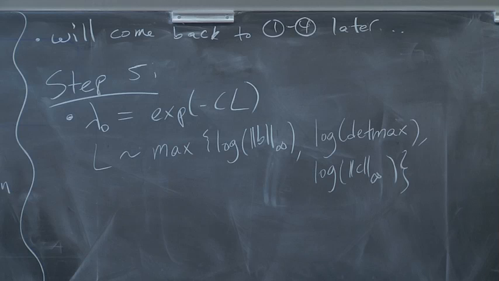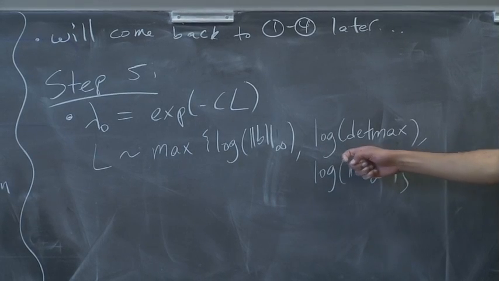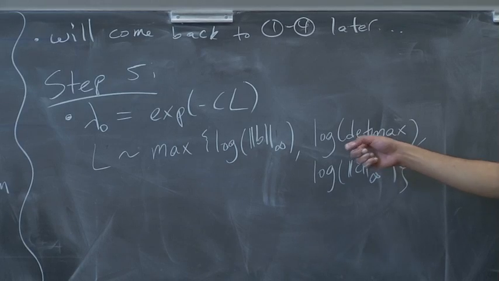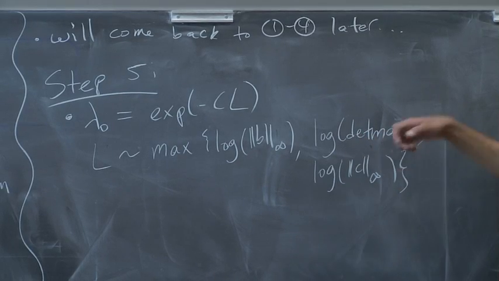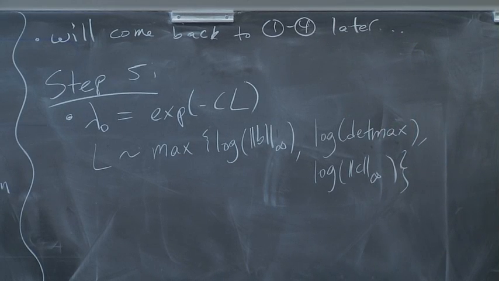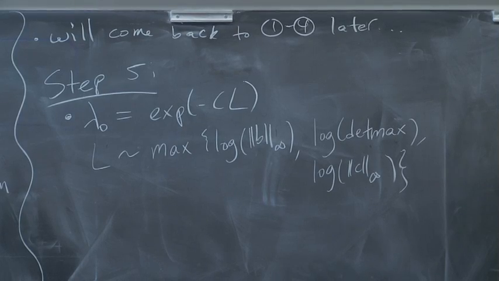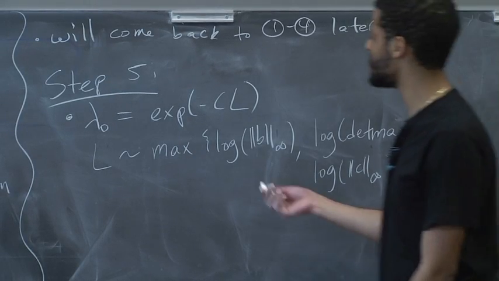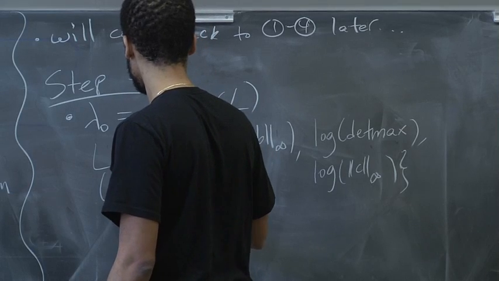The number of bits of precision involved in inverting that matrix is proportional to the logarithm of the determinant of that matrix. So det max is the maximum over all submatrices of the logarithm of the determinant of the submatrix in magnitude. Just think of this as precision.